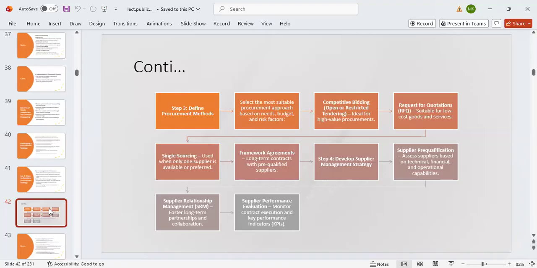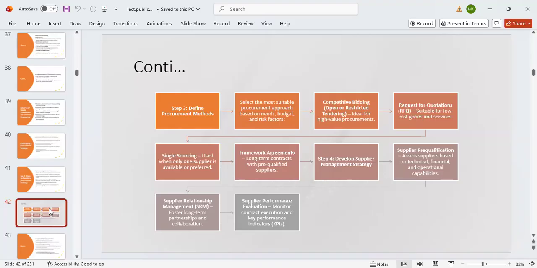It can be a framework agreement, a long-term contract with a preferred qualified supplier. So any of them, you can use. Understand the meaning of all these things when you go to the Public Procurement Act, section 40, which explains more.